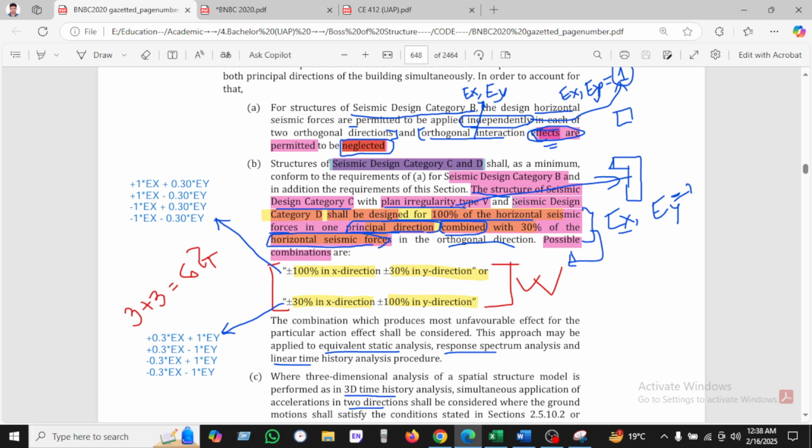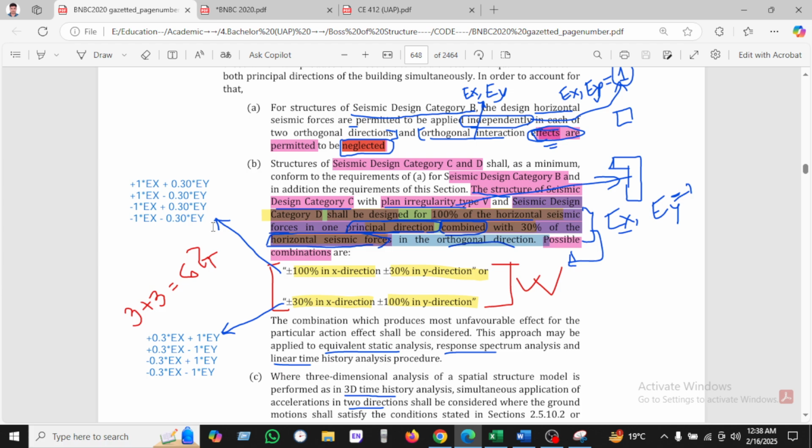So let's see. Here the seismic design category D shall be designed for 100% of the horizontal seismic forces in the principal axis, combined with 30% of the horizontal seismic force. Okay, so all the horizontal axes are given here, and the orthogonal direction, and the possible combination we've been seeing here is 100% x direction, plus minus 100% x direction and plus minus 30% y direction.